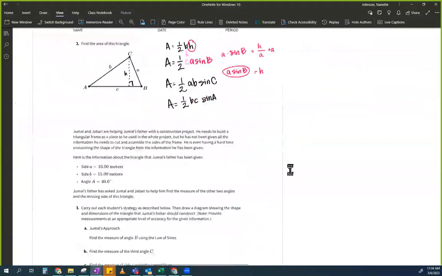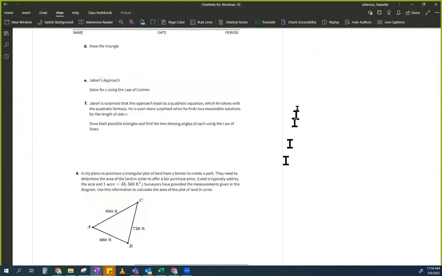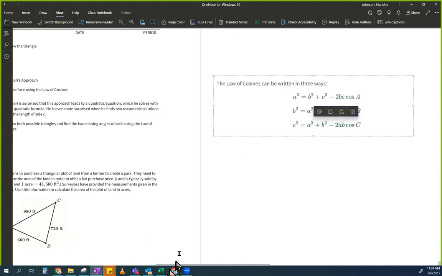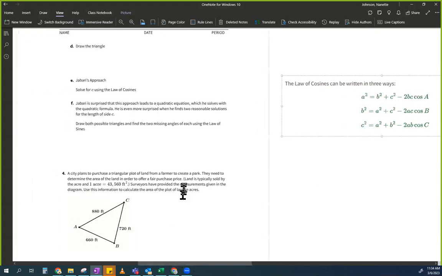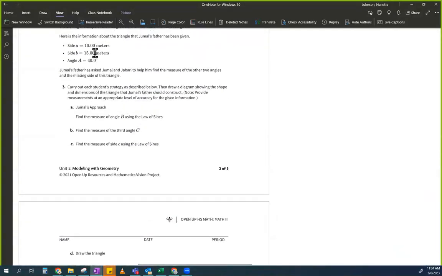And then I'm going to go back towards Jabari's approach. Where is he? He's right here. Okay, so I also need to write down this information up here. So I need to grab A is 10. I'm just going to take a picture of this.